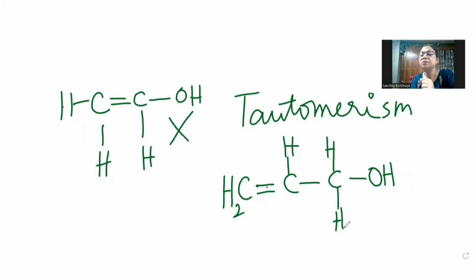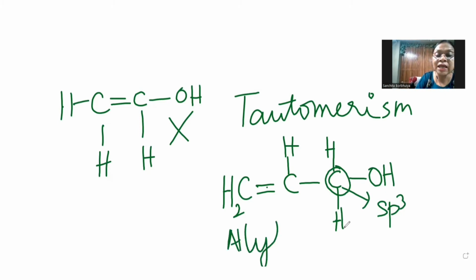It exists in its original state. So going to the common name of this compound, since the sp3 carbon contains the OH group, this is allyl in the common system. So this is allyl alcohol in the commons.